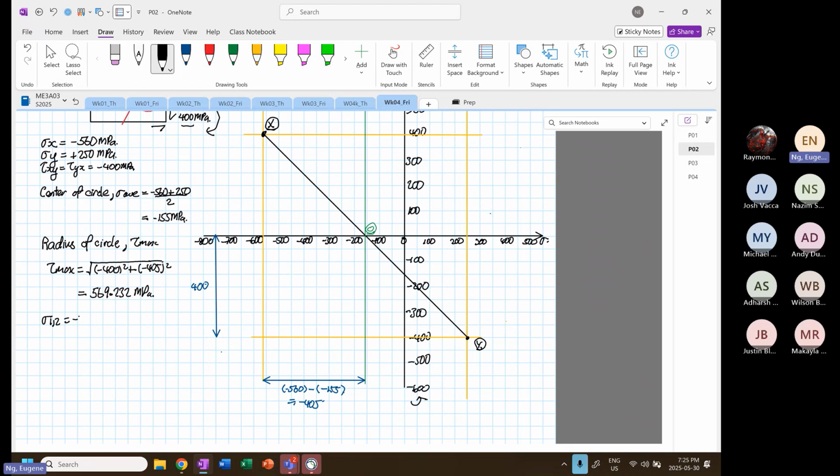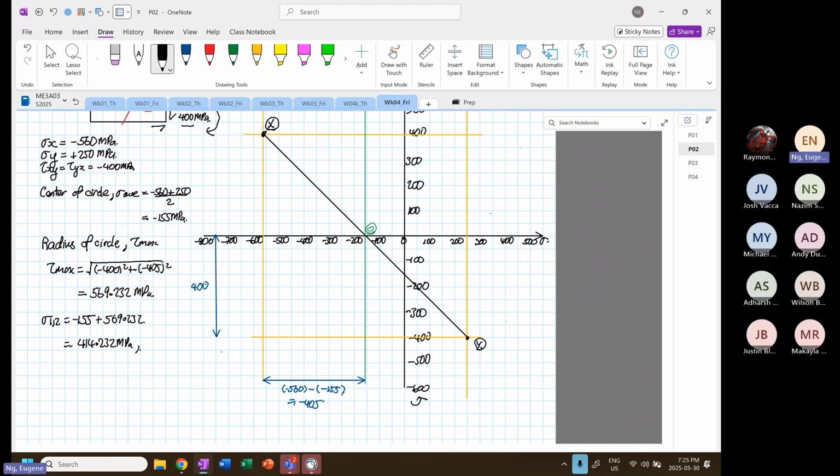So from here we can immediately calculate our principal stresses 1 and 2. It's equal to minus 155 plus or minus 569.232. So minus 155 plus 569.232, one principal stress value is 414.232 megapascal.